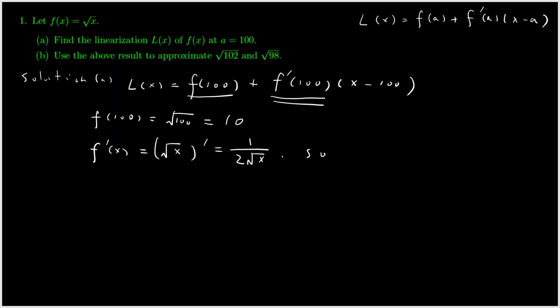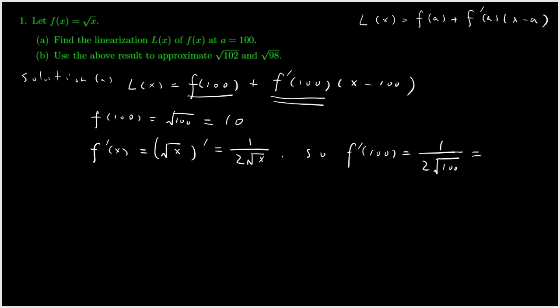After differentiating the function, you are ready to get the second number. The second number is the derivative of the function at 100. To compute this number, you need to plug 100 into the derivative of the function. By that we mean you have 1 over 2 square root of 100. The square root of 100, you can do it mentally, you do not have to use a calculator.